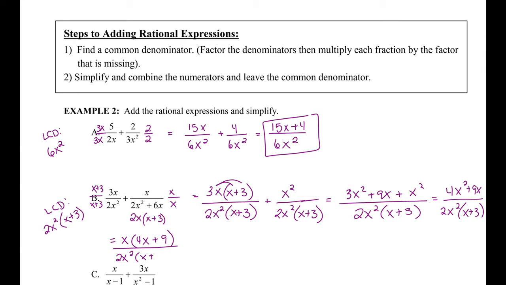And now because I have an x both in the numerator and in the denominator, I can cross them off, leaving you with a final answer of 4x plus 9 over 2x times x plus 3. Please try example C on your own.